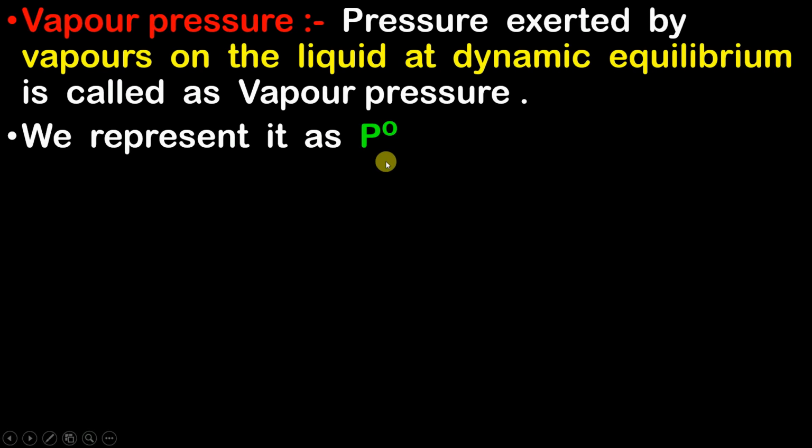Now, after understanding vapor pressure, let us understand what Raoult's law is and why we need Raoult's law. For that, I am going to consider two volatile liquids over here, and I will now mix these two liquids.